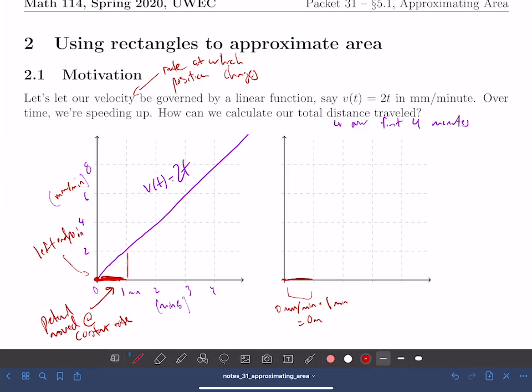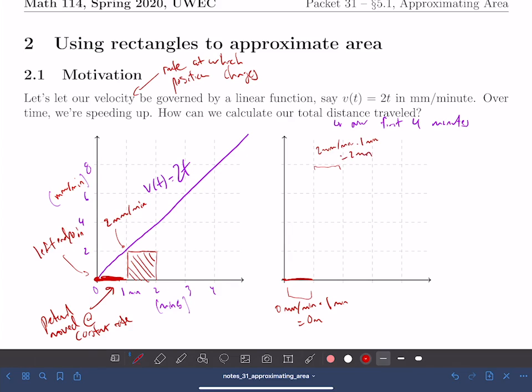Then for the next minute here, I'm going to have this area right here. And so I'm moving at 2 millimeters per minute, and I'm going to pretend that I'm moving at a constant rate for that next minute. So for the second minute, I was moving at 2 millimeters per minute for 1 minute, and I get 2 millimeters.